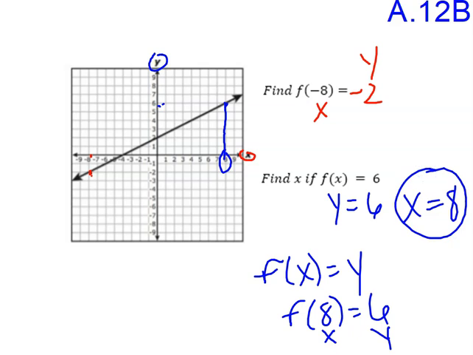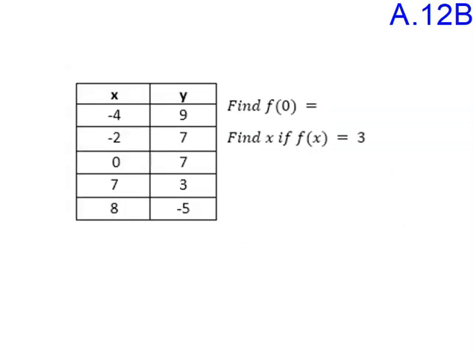And if you want to look at a table, we could definitely do it that way also. Same process here. So it says find f of 0. Well, we know 0 is the x value. So if I go to the x side of the table and I go down, here's 0. What does 0 give me? It gives me a 7. And then it says find x. So now what x value is given when I have f of x equals 3?